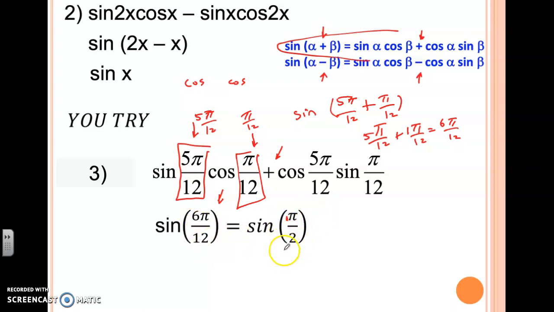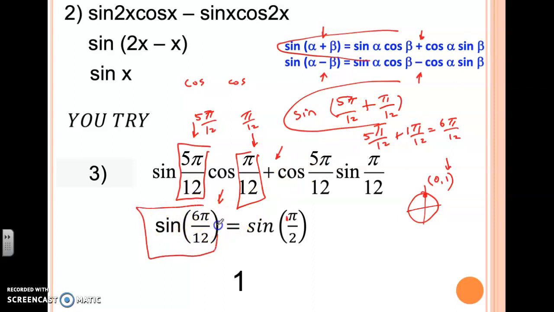So sine of pi over 2, according to my unit circle, is 1. My final answer is 1. So I am condensing: I identify the sum of the sines, then I add the two angles, and then I find my final answer. The sine of that angle is 1.